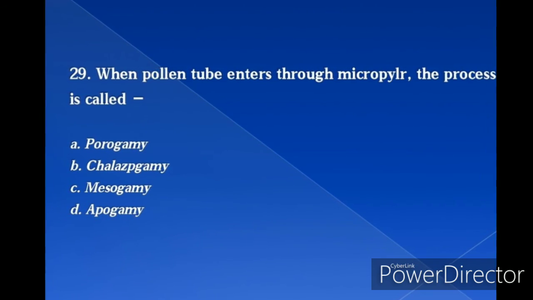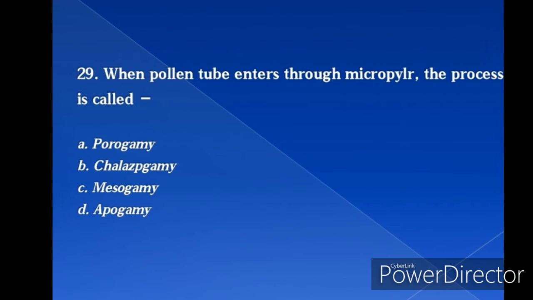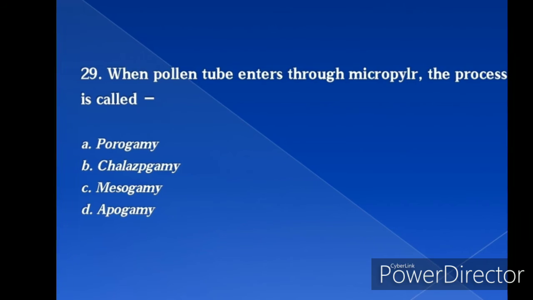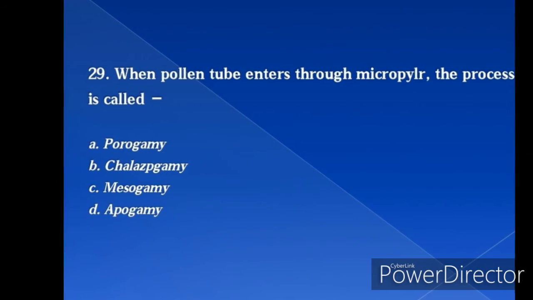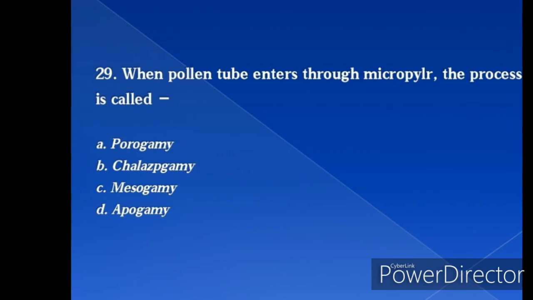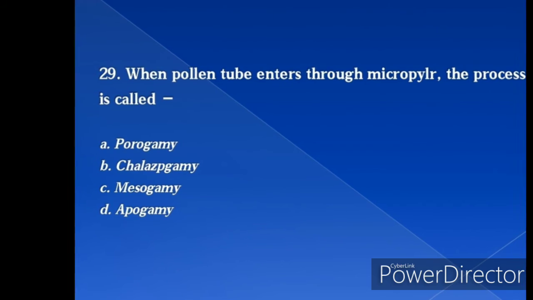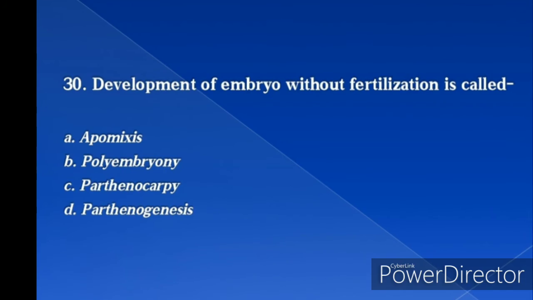If the pollen tube enters the ovule through integuments or through funicle, it is called mesogamy, example Cucurbita. And if the pollen tube enters the ovule through chalazal tissues, example Casuarina, Beta vulgaris, etc., this type of entry we call chalazogamy.